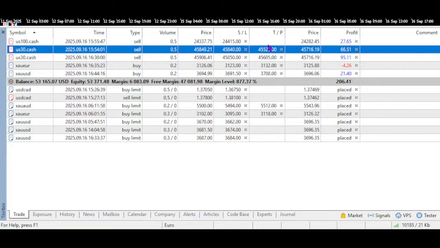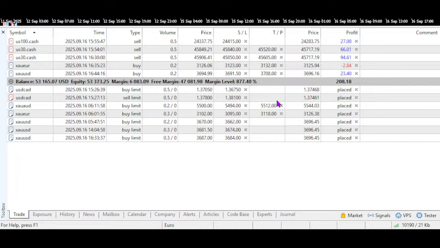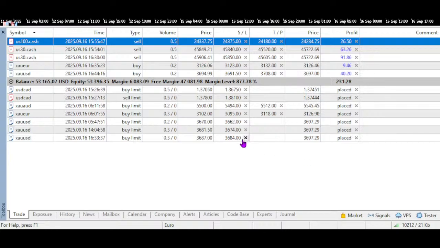Then this Nasdaq, I'm going to put a TP at 180, and the stop 375. So I think that's about it.